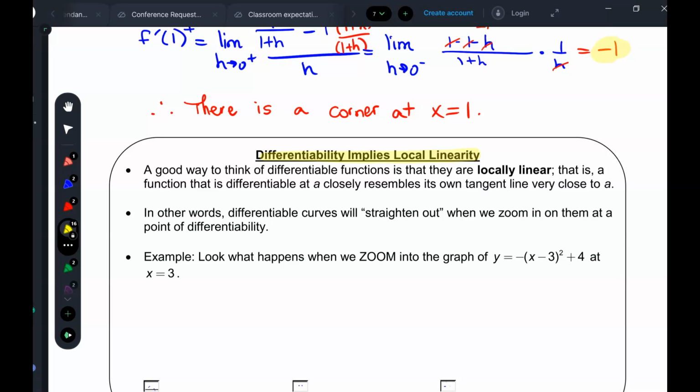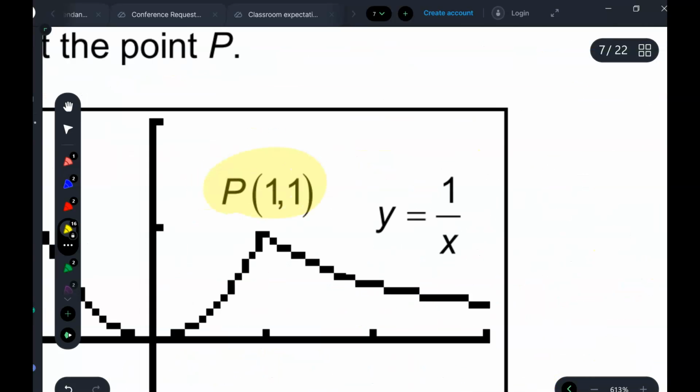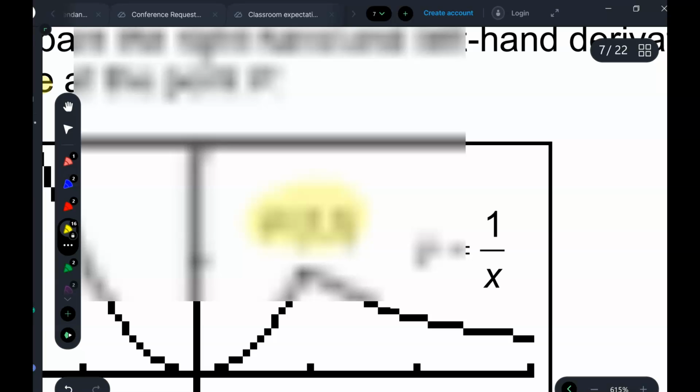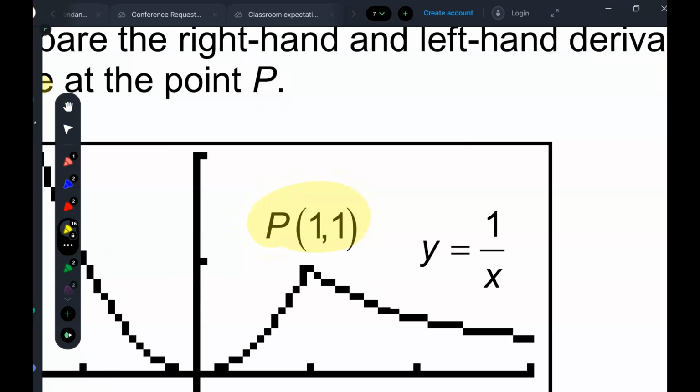It just means if I zoom in to a graph, it becomes a straight line. See, I gave you a parabola, and I zoomed in and zoomed in and zoomed in. If I zoomed in more, it would look like a straight line. But what would happen if I zoomed in to this point? Will it ever look like a straight line? No. So that's another way to think of whether it's differentiable.